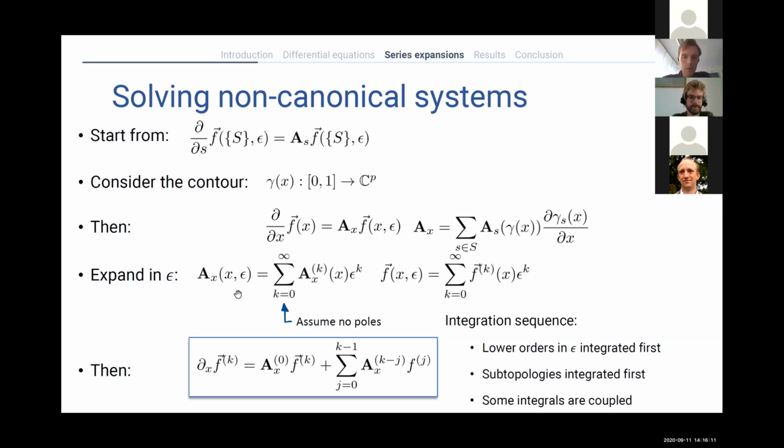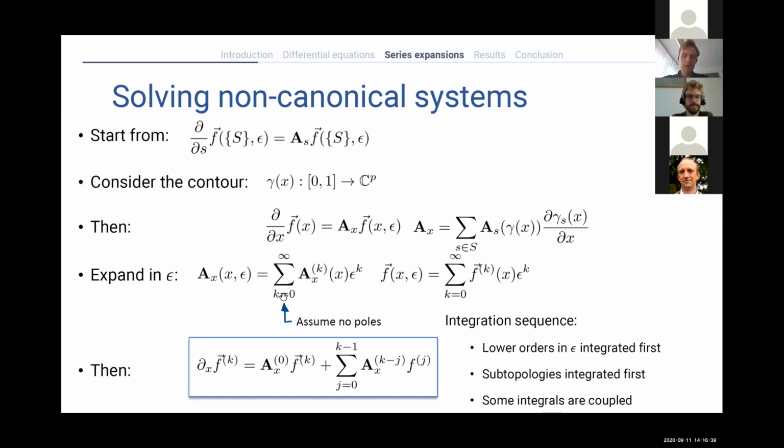Now, one thing that we'll assume in the following is that this matrix A(x) has no poles in epsilon. Typically, many times when you derive differential equations, you will not find such poles. But if you do find them, one way of getting rid of them in most cases is just to add overall factors of epsilon to particular sectors. And then you obtain this form.